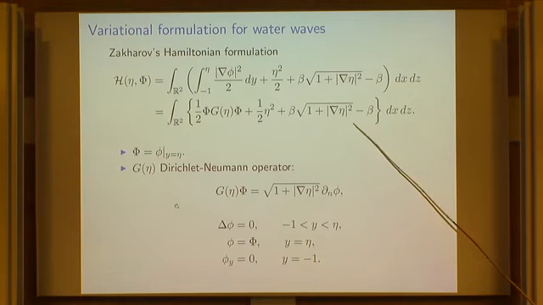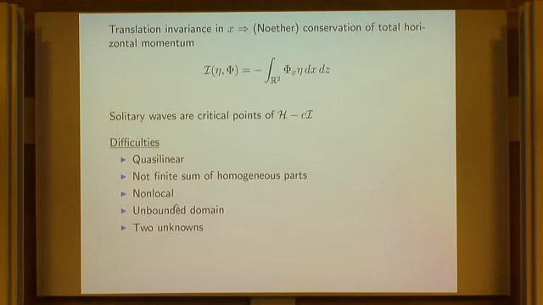The gradient of eta squared appears quadratically only if you already have some control of the L infinity norm, and you don't get that from the functional. And it's not a finite sum of homogeneous parts, as it was in the previous talk with Babenko's equation, where you got very nice non-linearities. Here it's an infinite series. It's non-local, as I said. We have an unbounded domain. So for these reasons, it's not so easy to do something using the direct methods of the calculus of variations.